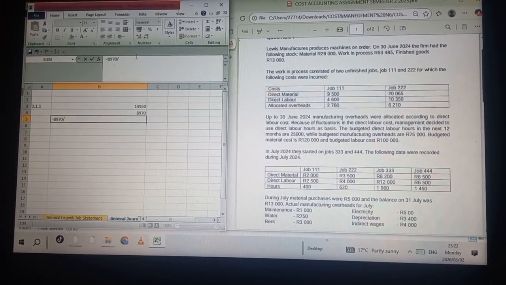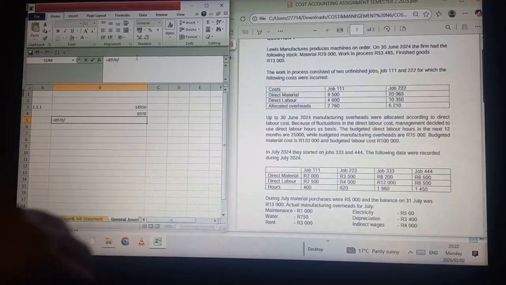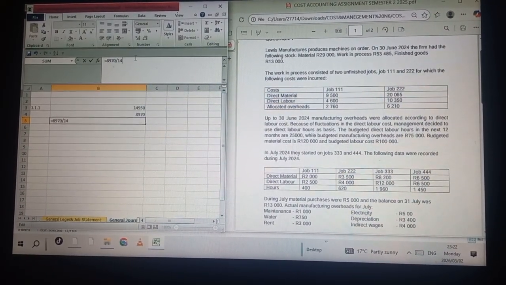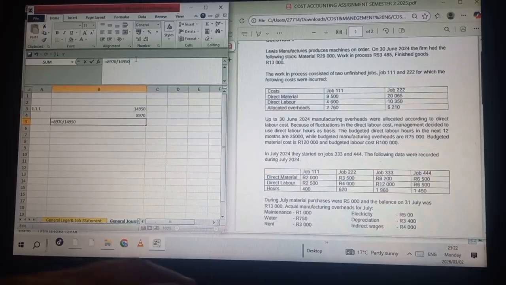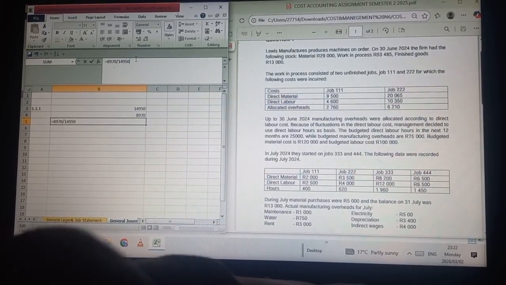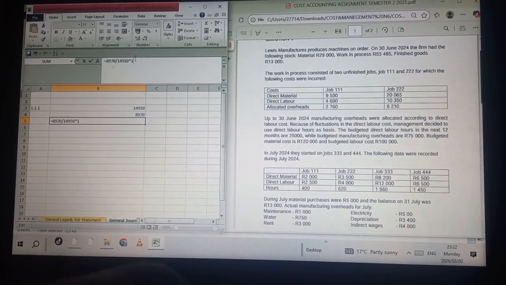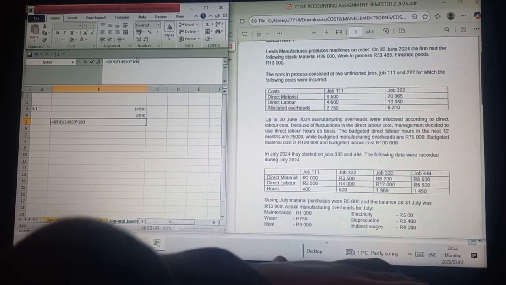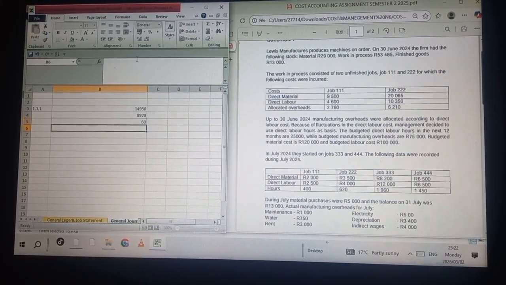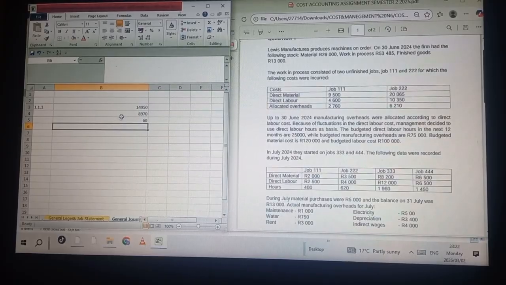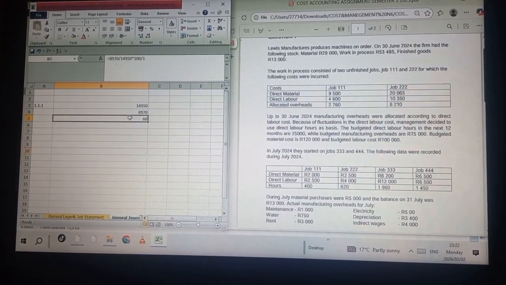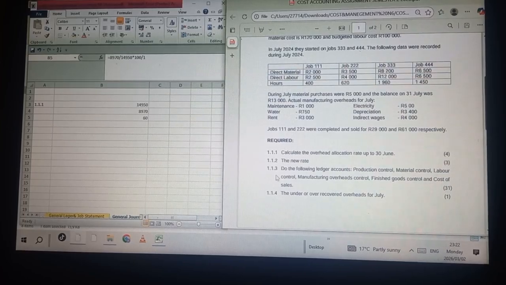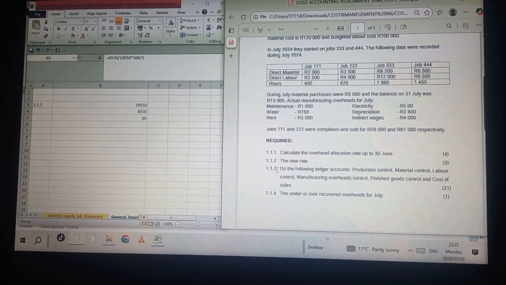What do you have for direct labor? It is 14,950, times 100, divided by 1, and then this is your percentage. You get 60%. That's for 1.1.1. 1.1.2 says the new rate.